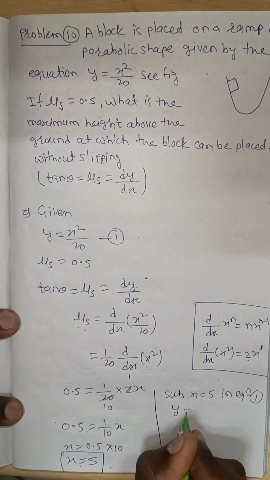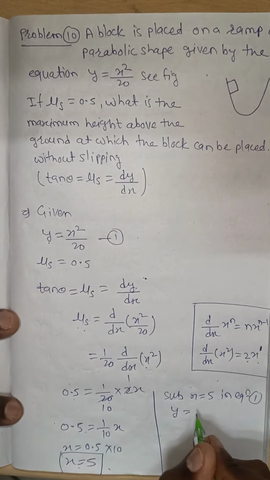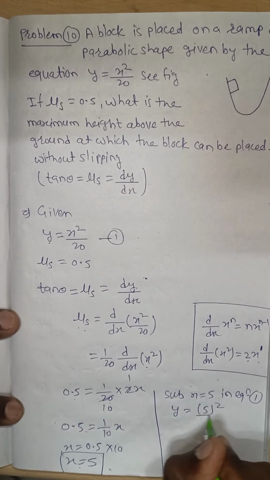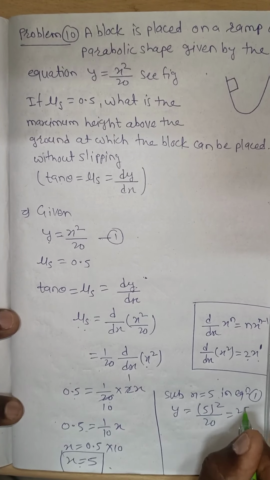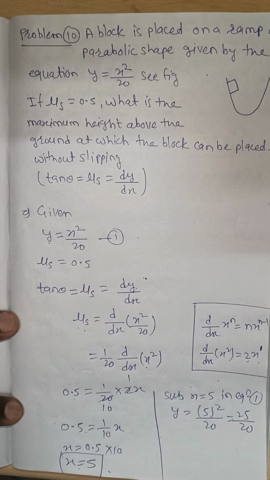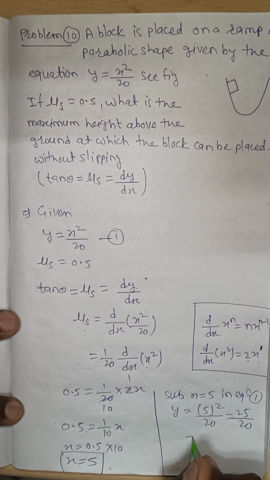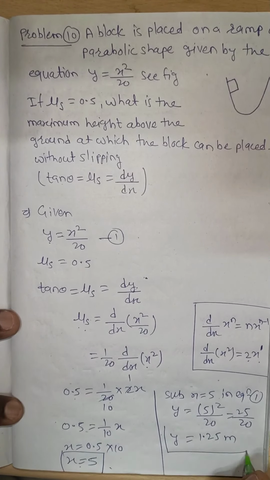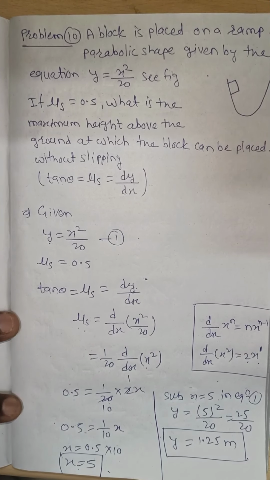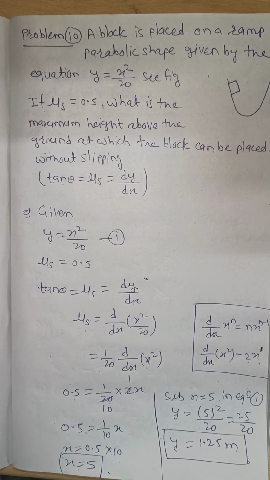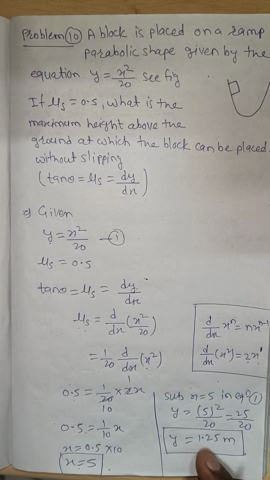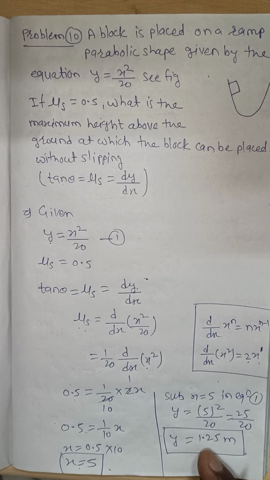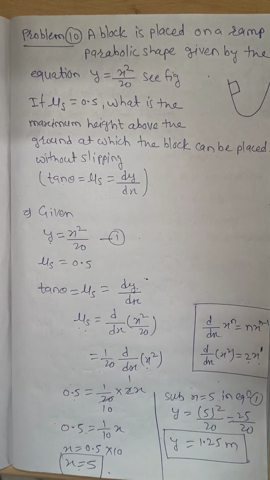Therefore y is equal to 5 square divided by 20. This is 25 by 20, which gives 1.25. Therefore the height from the ground at which we have to put the block is about 1.25 meter. This is the height from which we can put a block without slipping.